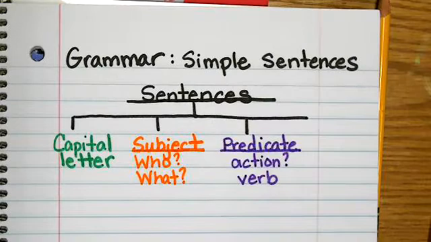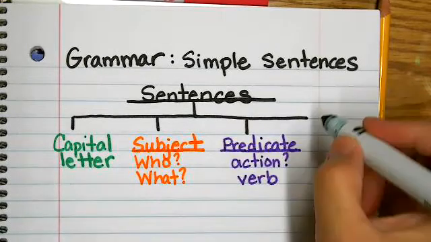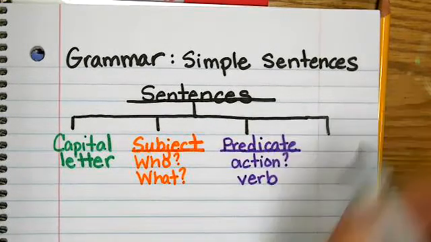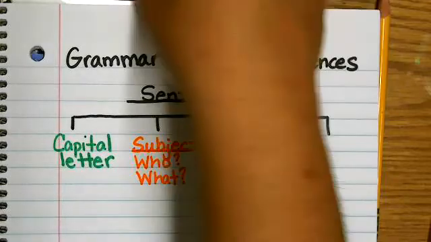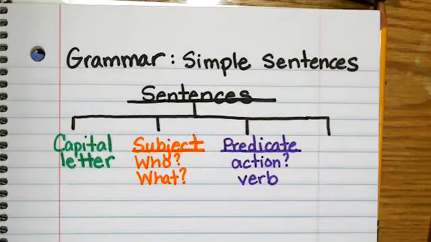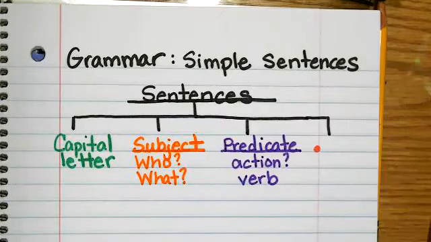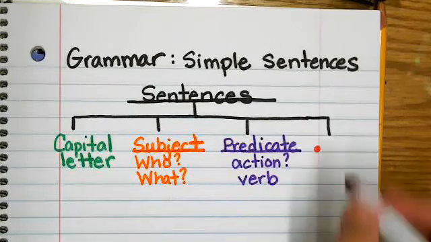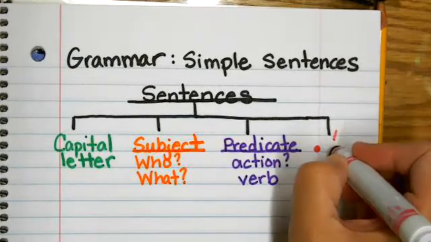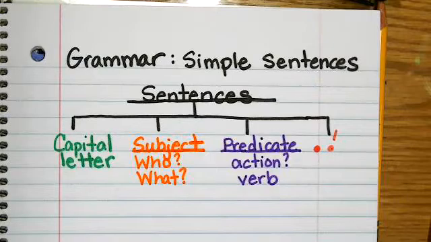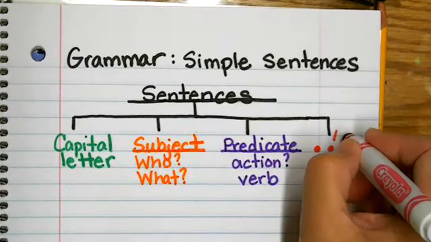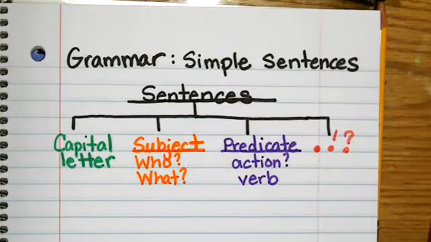So your predicate is the action part, whereas the subject is the naming part. And then finally, all sentences end with some kind of punctuation. If it's a telling sentence, it ends with a period. If it's an exclamation, it ends with an exclamation point. And if it's a question, it'll end with a question mark.